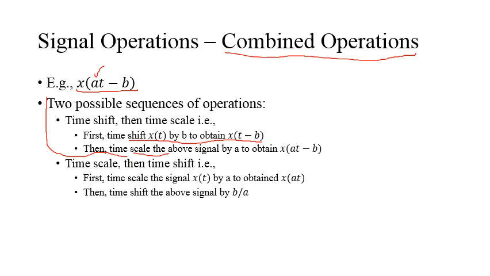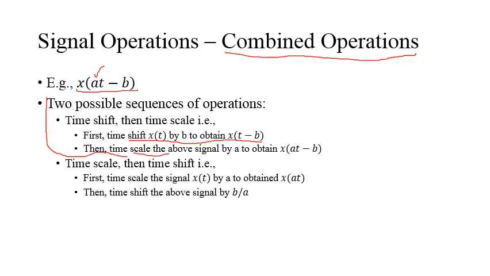If b is positive, the shifted version will be the delayed version, because we shift it to the right side. And if b is negative, the signal will be shifted to the left side, or we can also call such a version the advanced version of x of t.